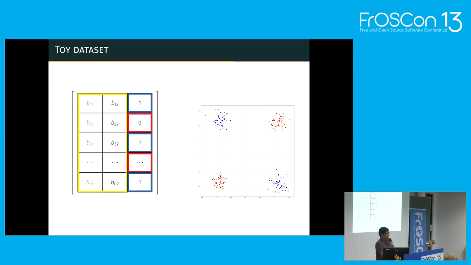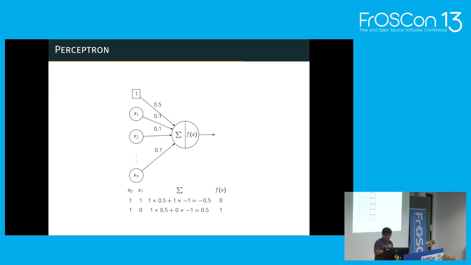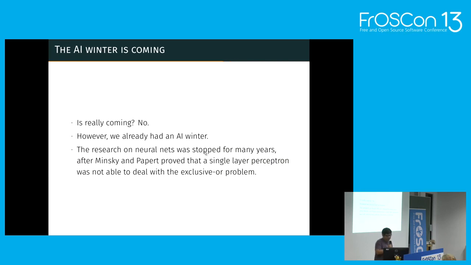The first perceptron was a single layer, so it was working, solving some problems, but then this guy Minsky published a paper and showed that it was not a good idea to use the perceptron.